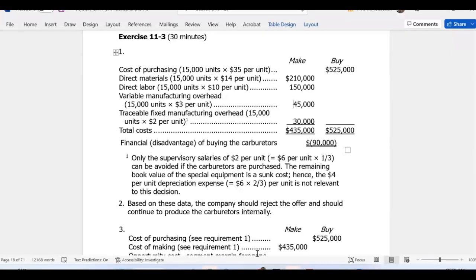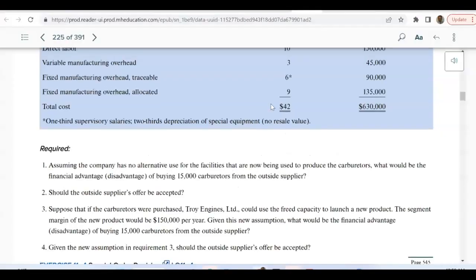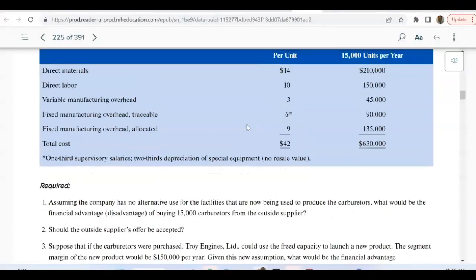And the $2 comes from here again. 1/3 of supervisor salary, we have to pay that. The other $4 from this $6 is depreciation, which will happen no matter what. So really what you are paying is direct material, direct labor, variable manufacturing overhead, and $2 for supervisory salary. That's what you are really paying.